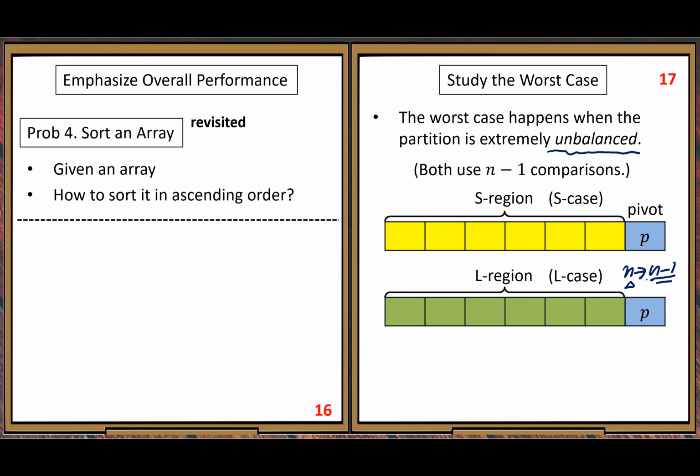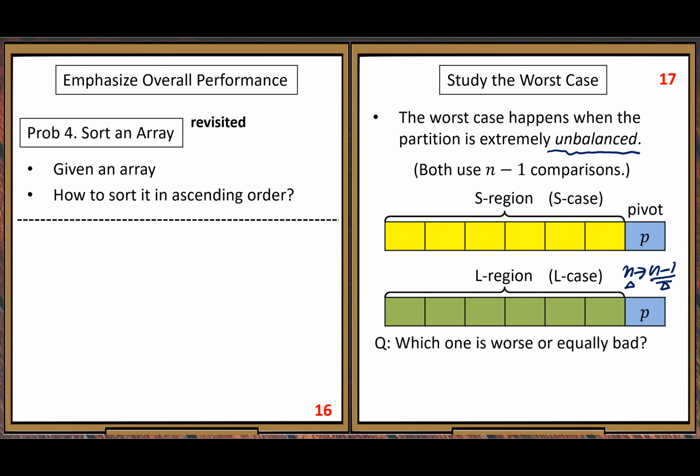After one partition step, we need to work on another partition of an n-1 array. So the size reduction is too slow. That tells us why this will result in the worst case.